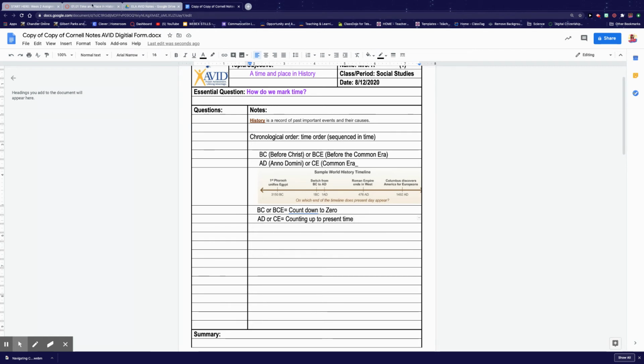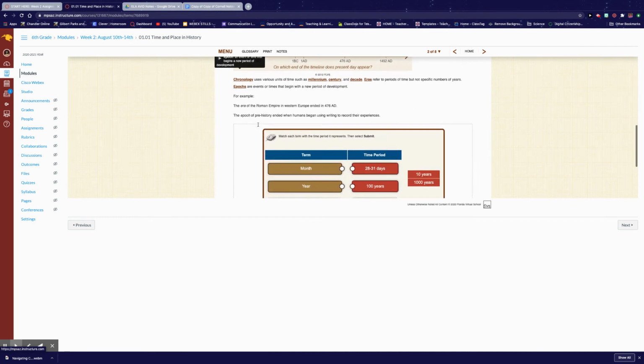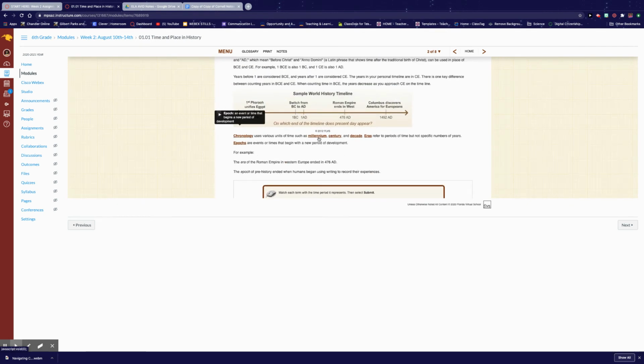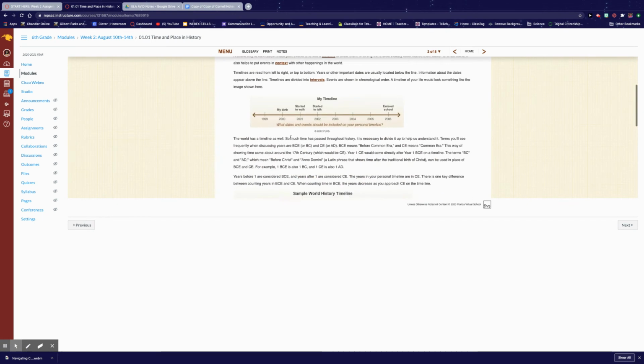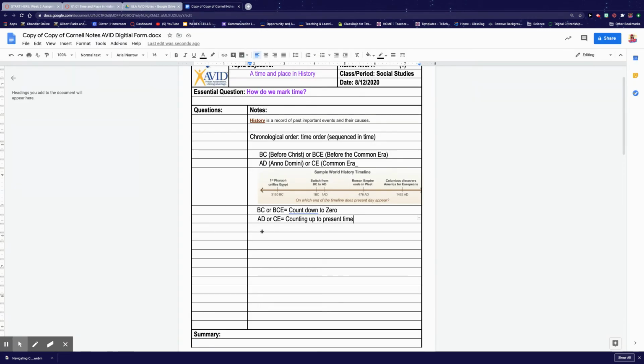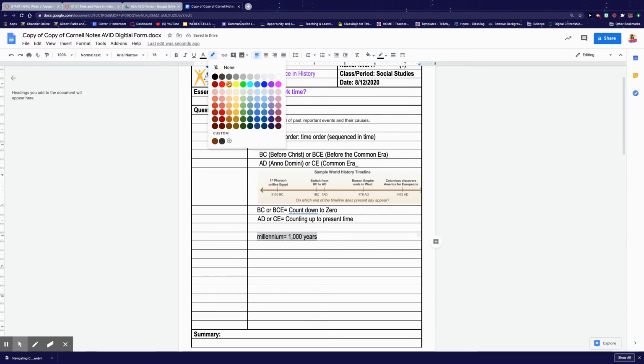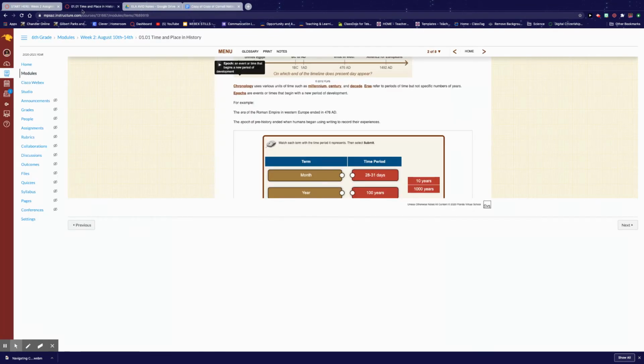So a couple of things we want to add in our notes too. Let's add the millennium, century, decade. Millennium is equal to 1,000 years. And I will highlight that. And let's go back and check our notes and see a century.